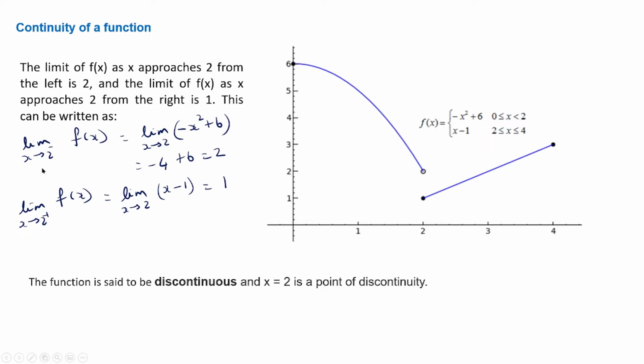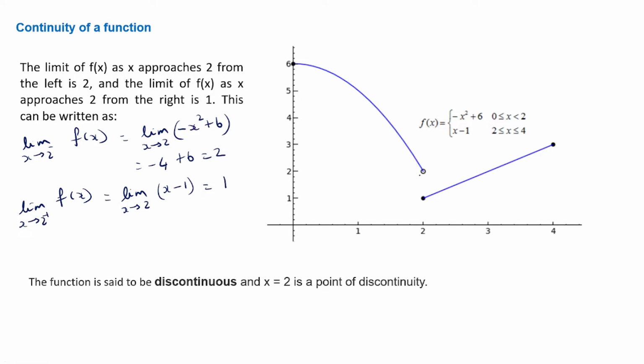Now this limit is called the left hand limit and this limit is called the right hand limit. We can see that the left hand limit at x is equal to 2 is not equal to the right hand limit at x is equal to 2. If we want to draw the graph for this function, we have to draw the line here and then lift our hand and come here to draw the line f of x equal to x minus 1.